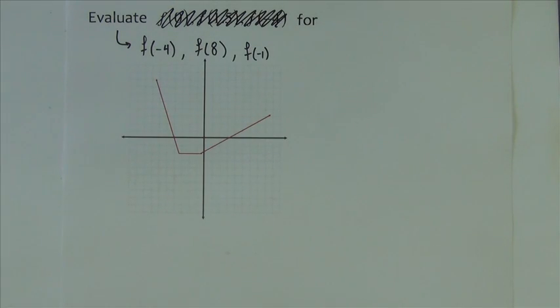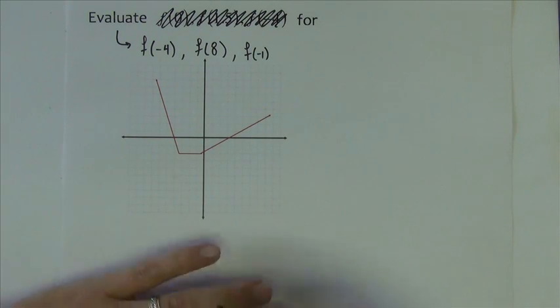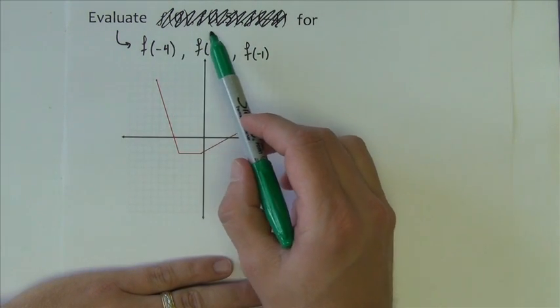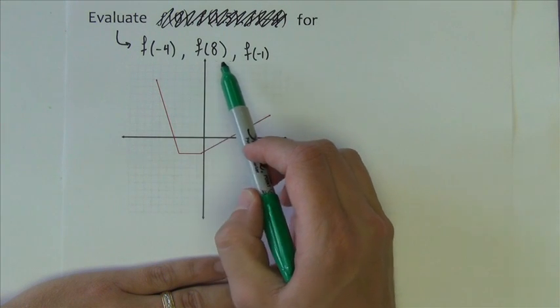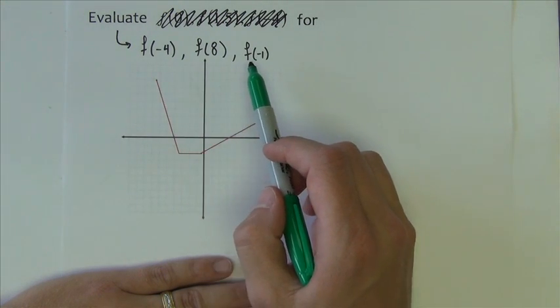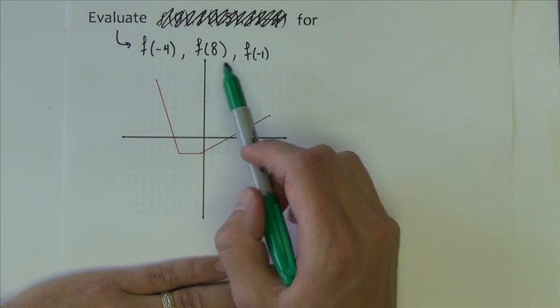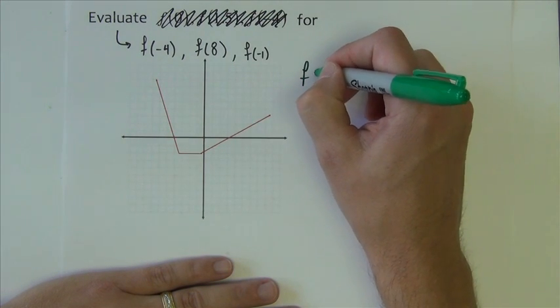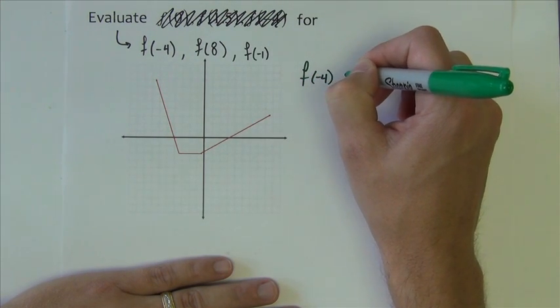Okay, let's do one more problem. This last problem, we're going to evaluate functions, but use a graph instead of an equation. And I've changed the problem a little bit, so on your notes, if you're taking notes at home, just scribble those out and use these numbers down here. They'll work out to easier numbers to find on our graph. So f of -4.